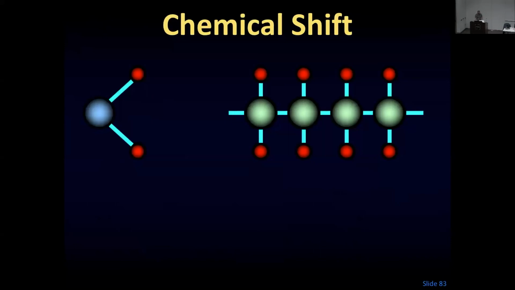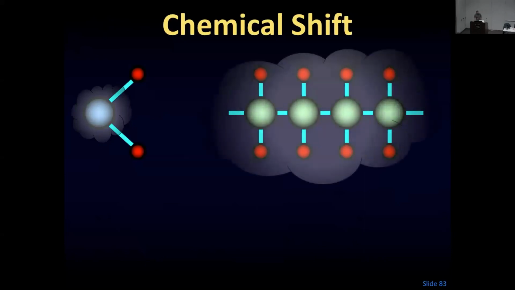And in what way is it different? Well, oxygen is a very greedy nucleus. It is very electronegative. It holds the electron cloud to itself, and because it holds the electron cloud to itself, it allows these protons to experience the full magnetic field.